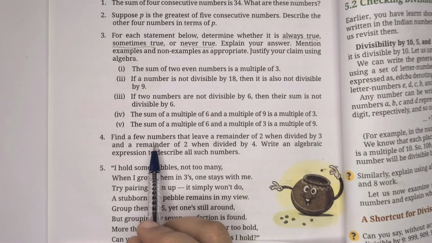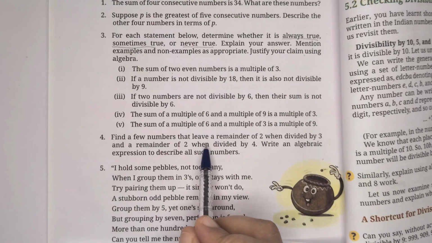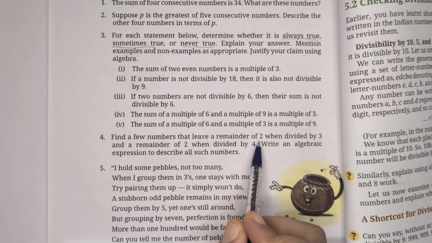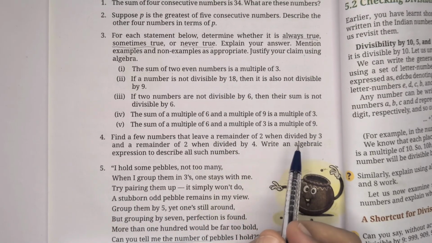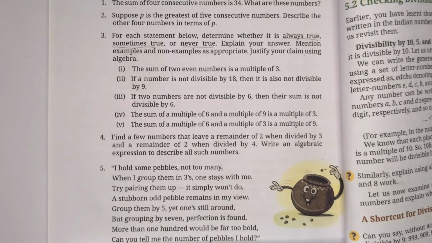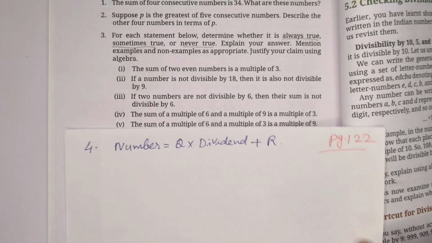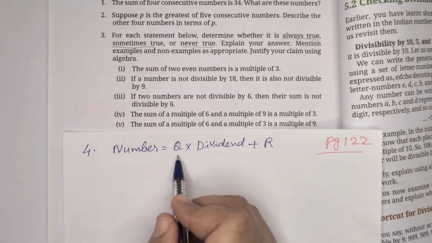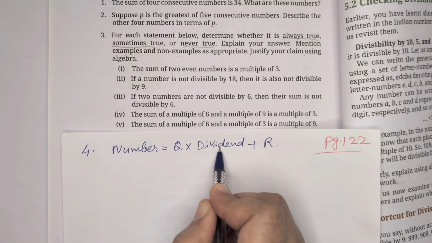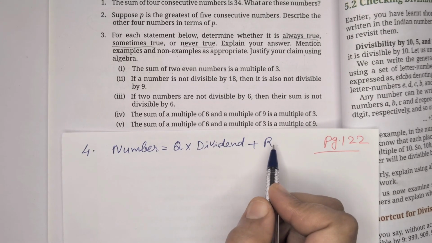Fourth question, find a few numbers that leave a remainder of 2 when divided by 3. We know the division rule: a number is equal to divisor times quotient plus remainder.